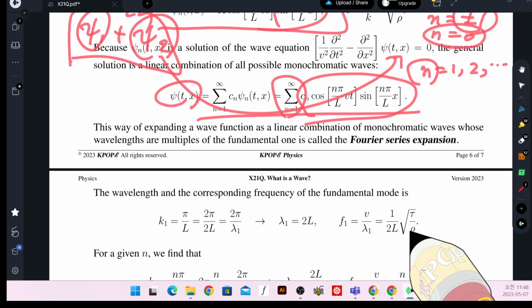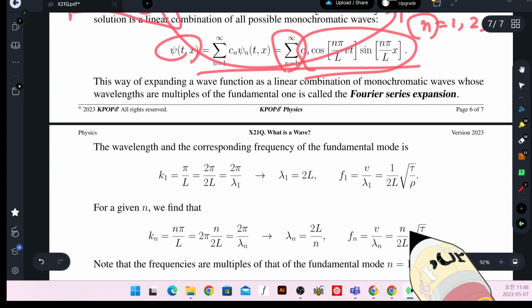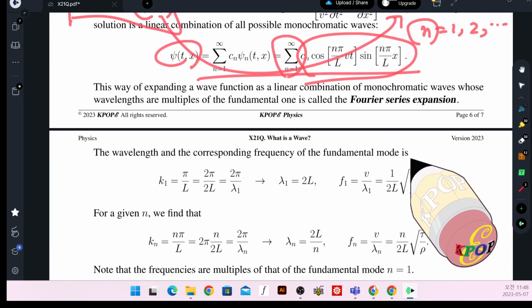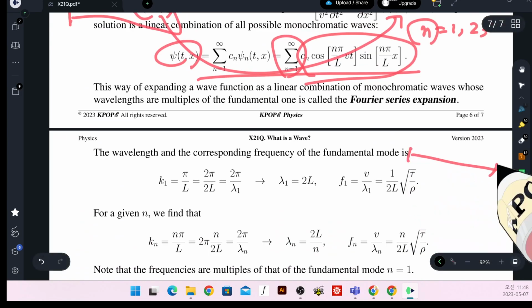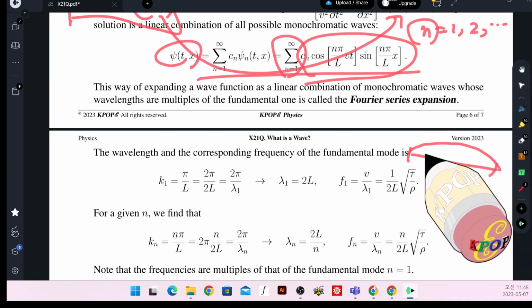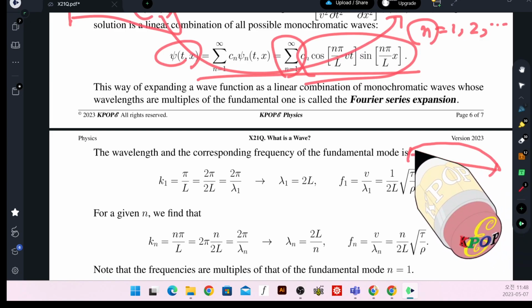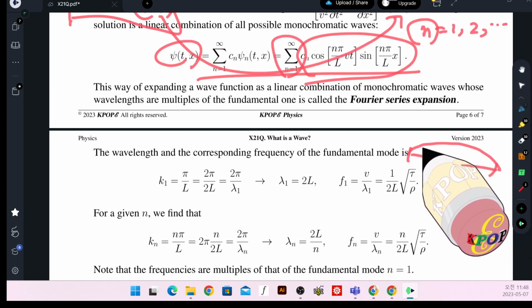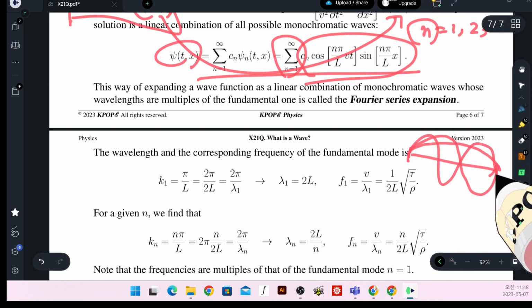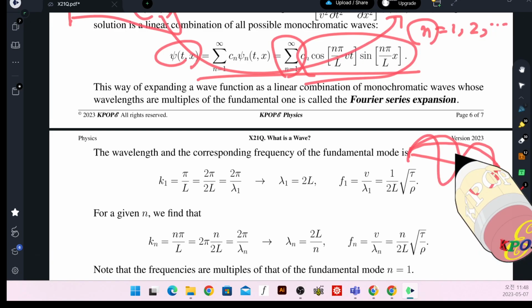And actually, if you hear the vibration of a guitar string, sometimes it gives a very low frequency, but if you pick it very strongly, suddenly, then it can vibrate more frequently. So higher frequencies may appear.